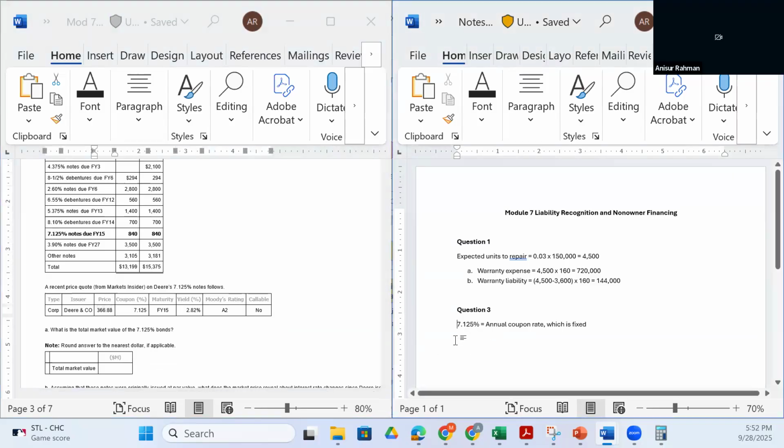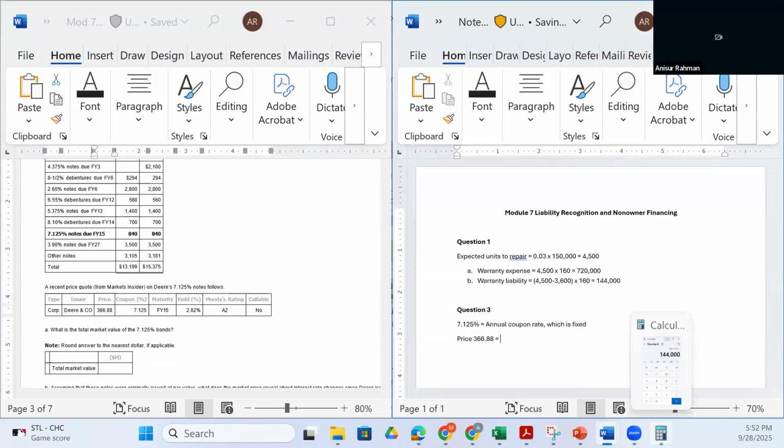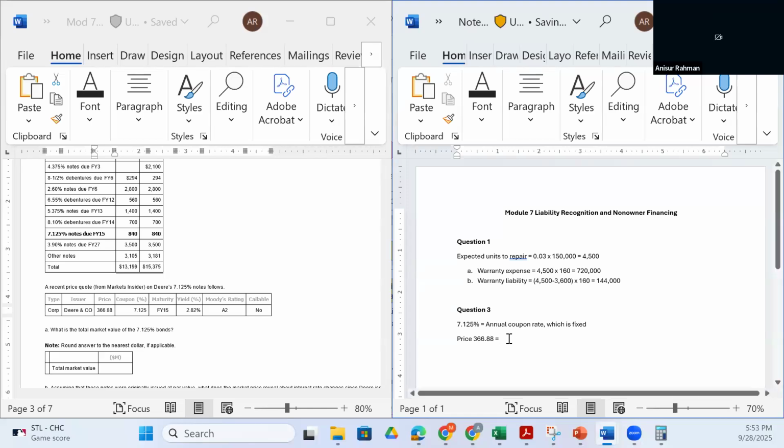So price, it says this much. What that basically means, although this is our book value, first of all, this number is in percent.